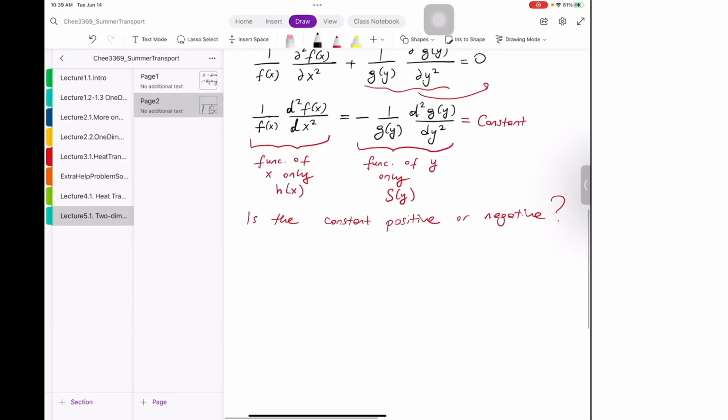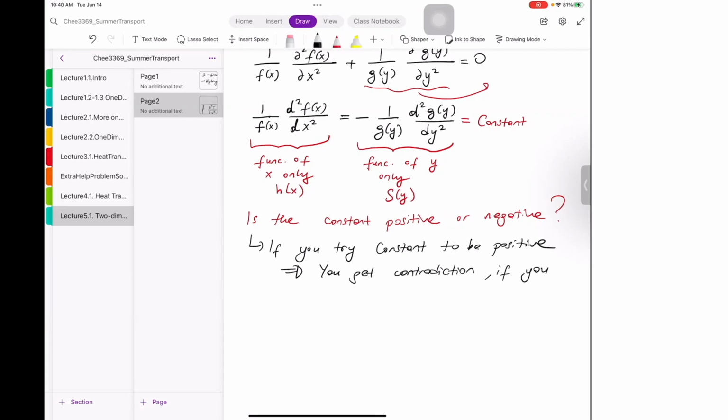Now, you can actually realize that if you try the constant to be positive, you get a contradiction.